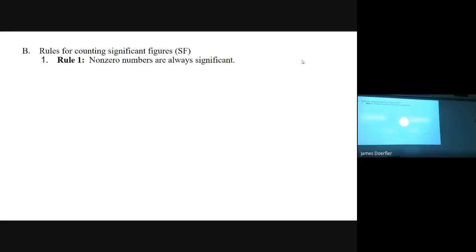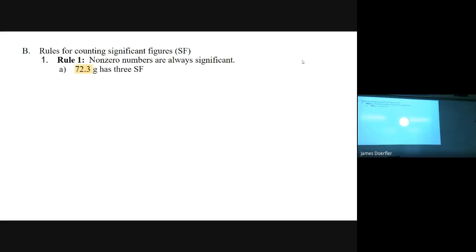Give me an example of a non-zero number. 2, 1, -3. Get it? Those are all non-zero. It's in the word there, non-zero. So all non-zeros are going to be significant.